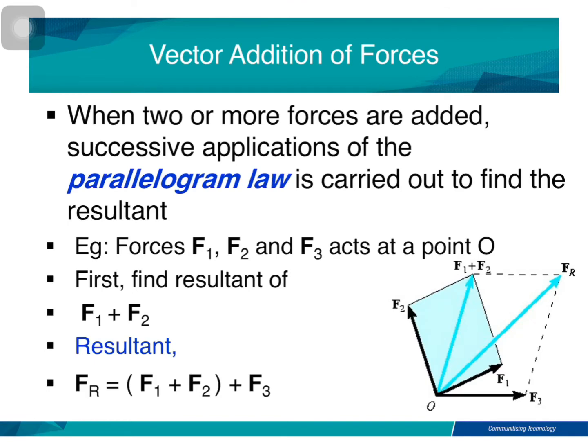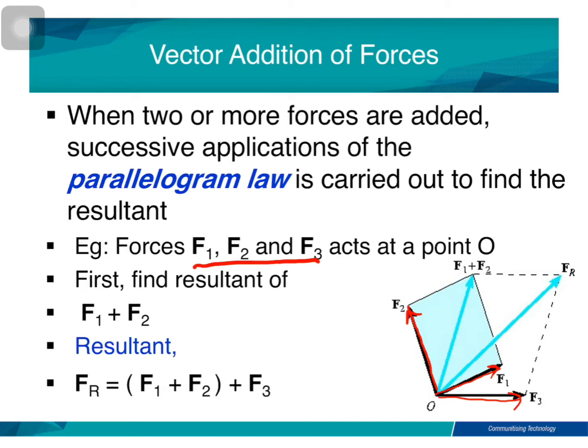Next, vector addition of forces. So let's say we want to get the resultant force for three forces. We have F1, F2 and F3. So now we want to get the resultant force for these three forces.